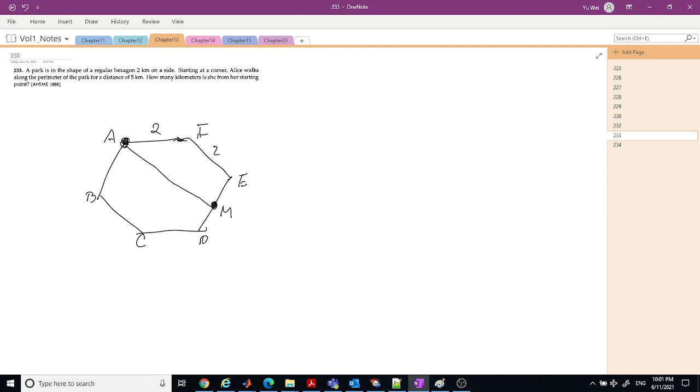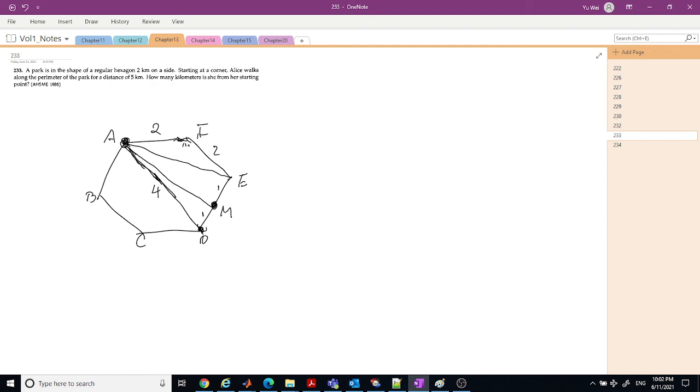In order to solve this problem, we'd better put AM into a triangle. So now let's connect AD. AD is the diameter, so AD is 4. So this is 1, then this is 1.